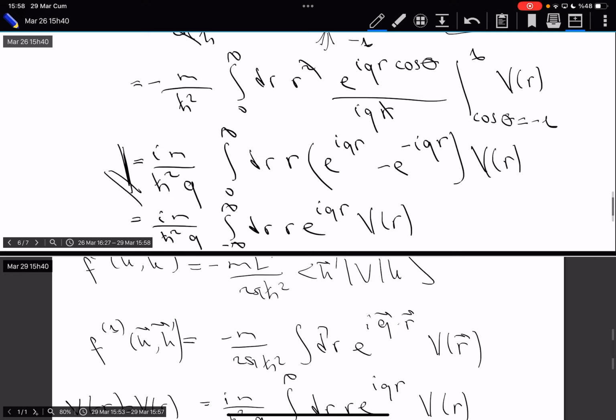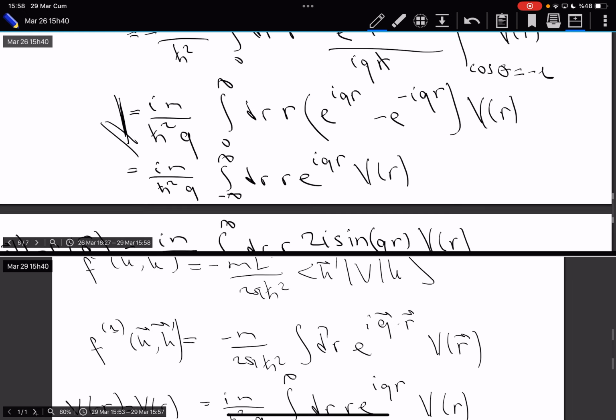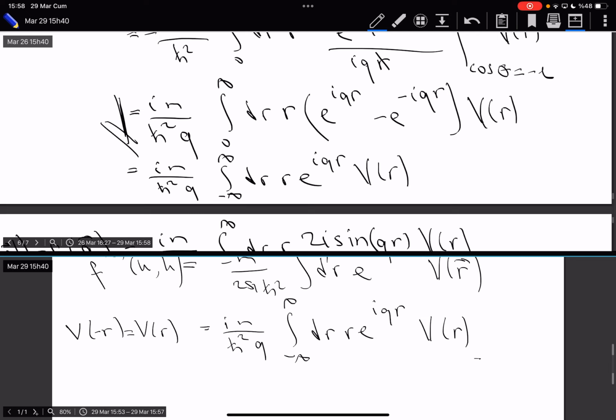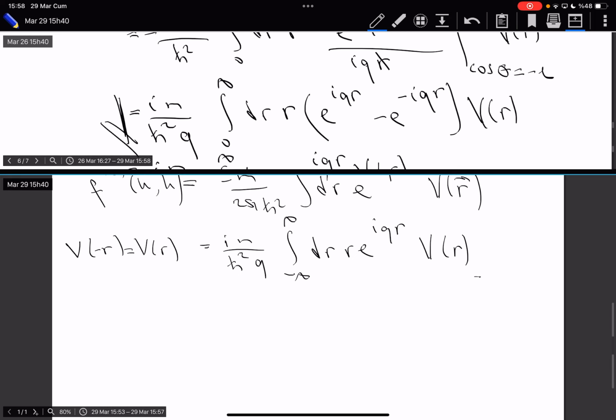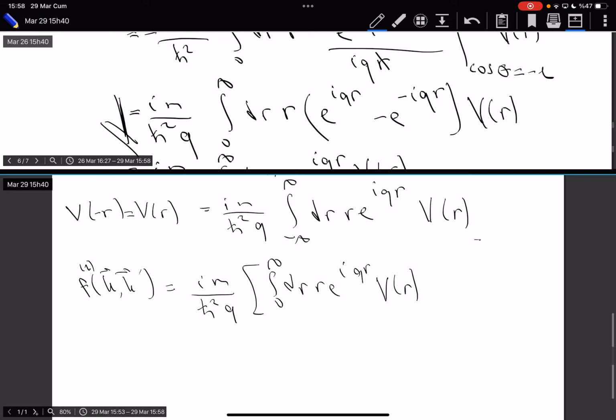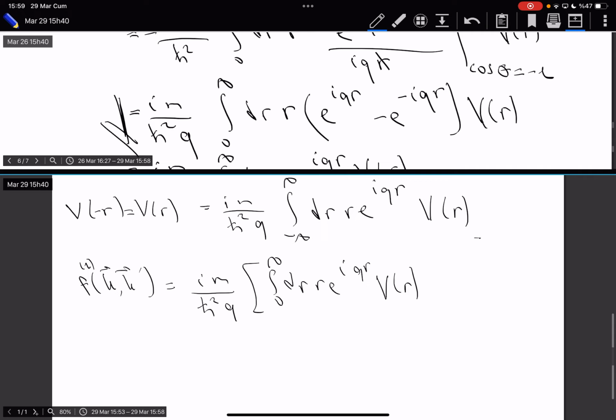Now, if I assume that V of minus r is the same as V of r, this just becomes i m over h bar squared q. Well, let me just keep the first term. Now, in the second term, I will just replace r with minus r.